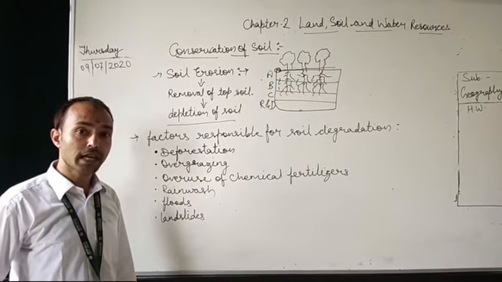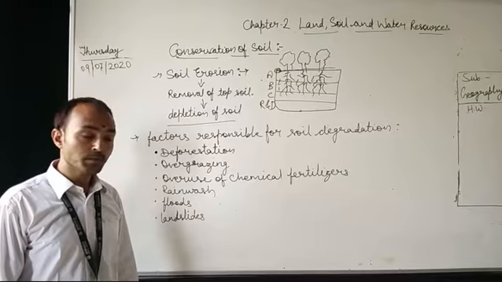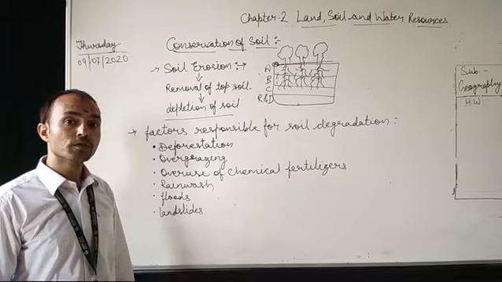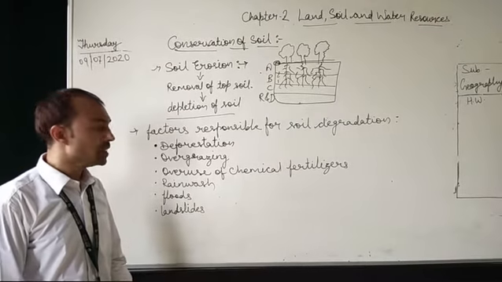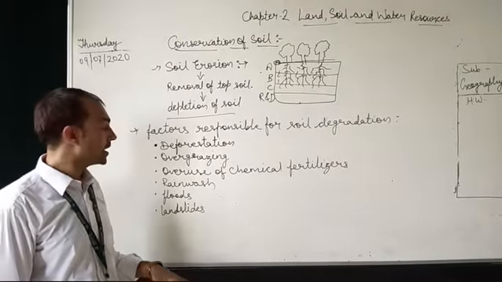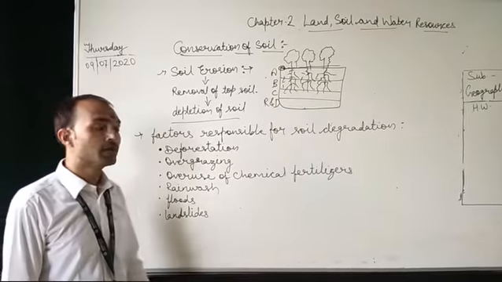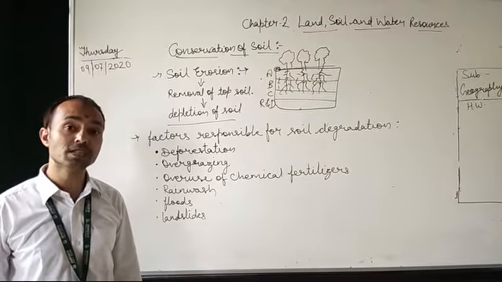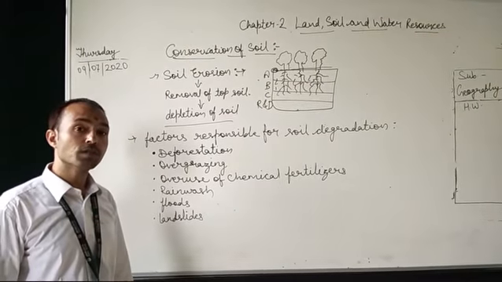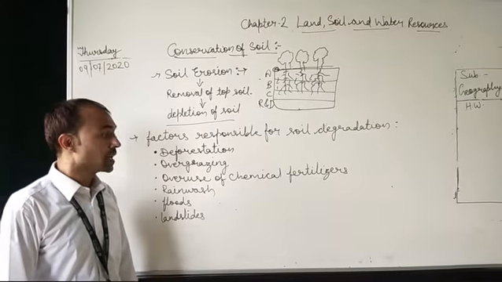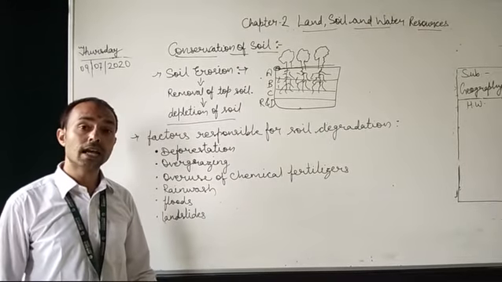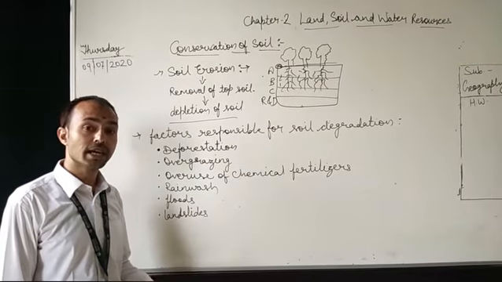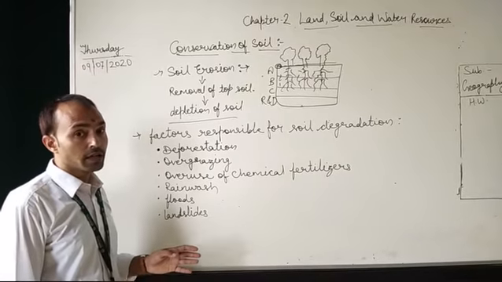When the cattle graze, they also catch the roots of the plants or weeds, because of which there is land degradation. Then overuse of chemical fertilizers, because whenever we concentrate on maximum production, we put chemical fertilizers or pesticides in a large amount, and this leads to soil degradation.